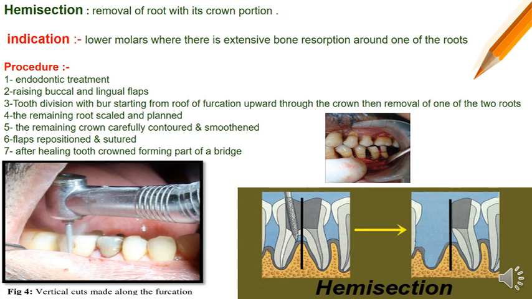The procedure always, as we said, is endodontic treatment, raising buccal and lingual flaps, making tooth division with burrs starting from the roof of the furcation upward through the crown, then removal of one of the two roots, the remaining root scaled and planed, and then the remaining crown carefully contoured and smoothed, flaps repositioned and sutured, and after healing, the tooth can receive a crown or form part of a bridge.